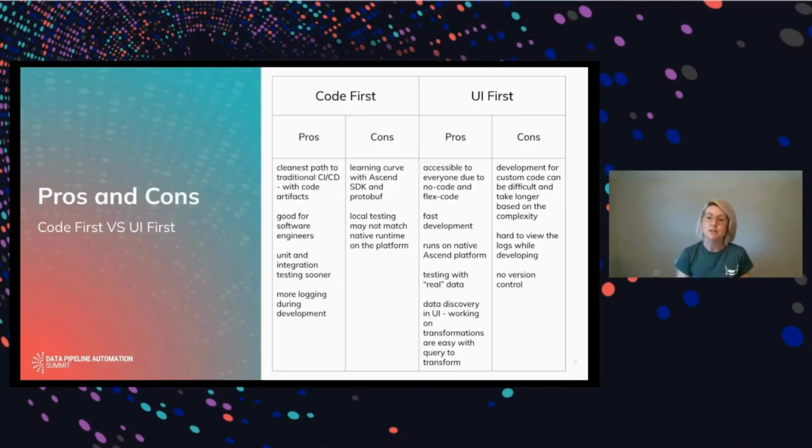There's definitely more logging during development. Some of the cons might be that there is a learning curve when it comes to using the Ascend SDK and the protobufs, so definitely be aware of that. And there's also the thought, just to put in your mind, that testing locally may not necessarily match your runtime on the platform. So just keep that in mind.